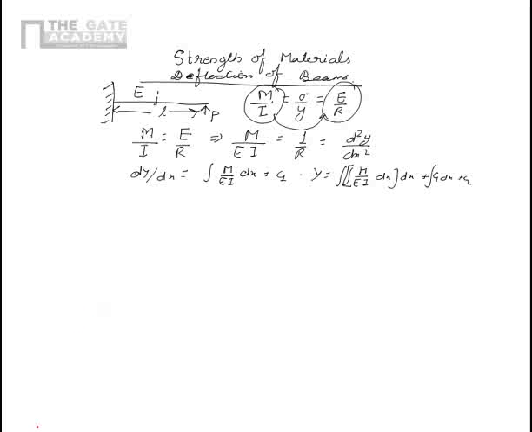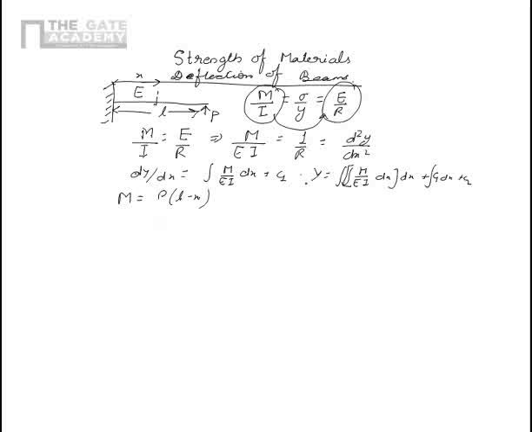So for this, how do we get the deflection? So recall that the bending moment at a particular location x from the fixed end is P into (L minus x).